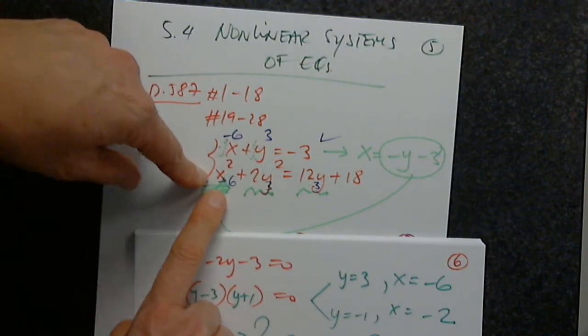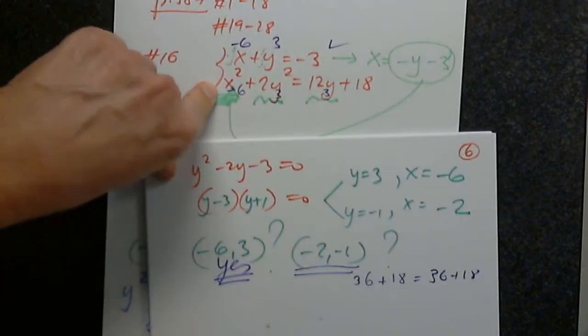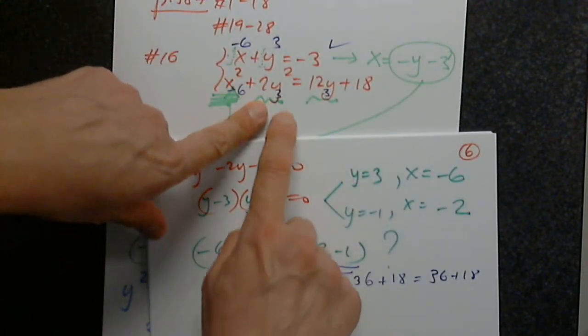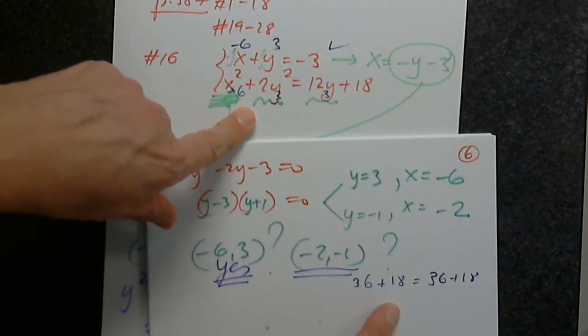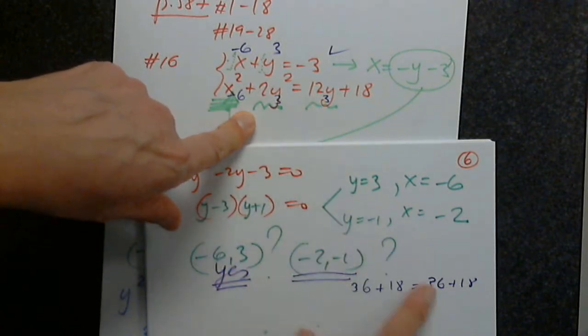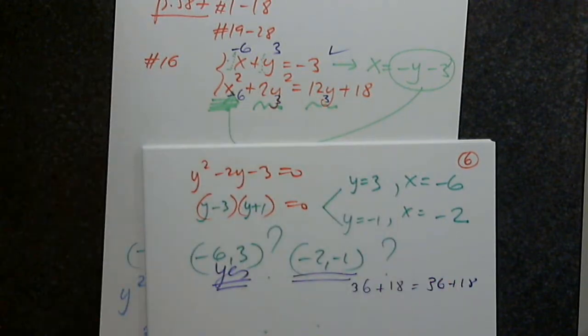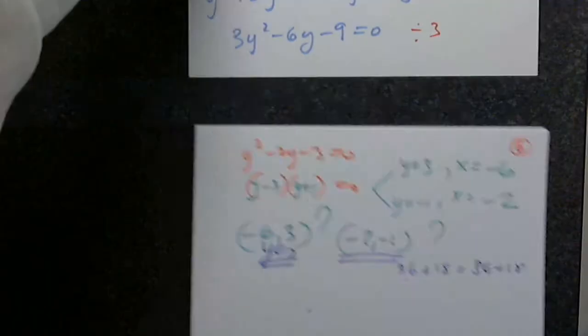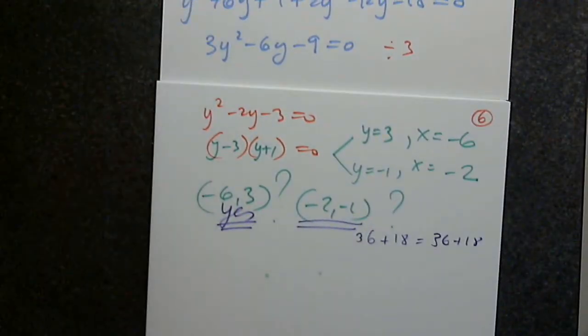And then here, negative 6 squared is 36, plus 9 times 2, which is 18. And here I have 36 plus 18. That's okay, I messed up. Is this better? Perfect. I'd rather go back and check. Maybe I made an error, so always stop me.